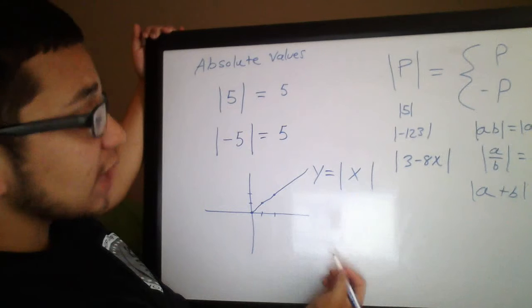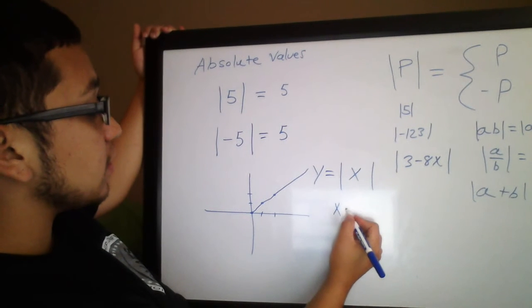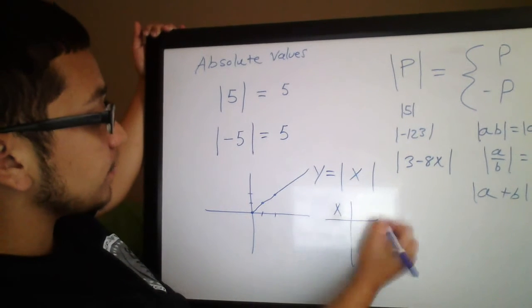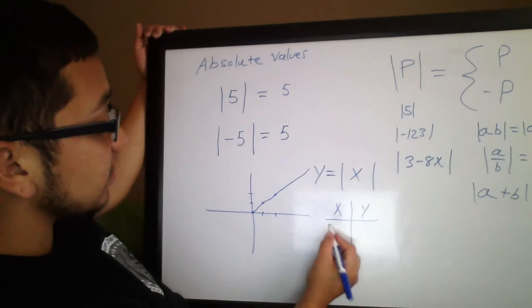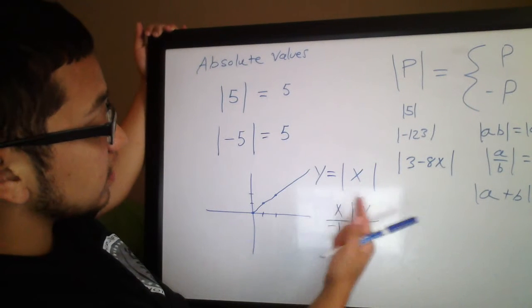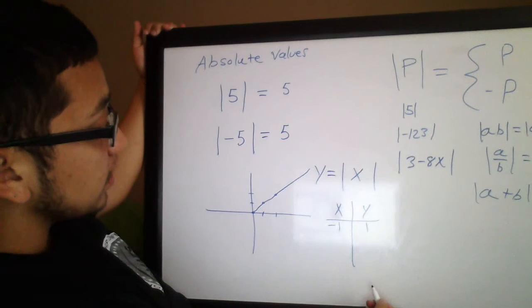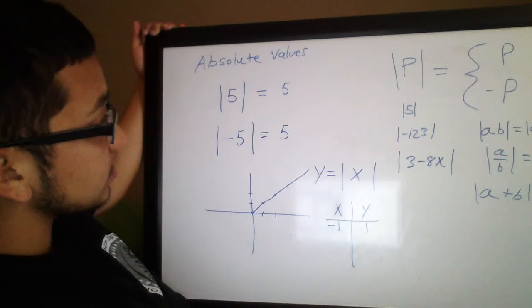So what if we have negative x's? If x is -1, then y is 1. All I did was use our property like we talked about here.